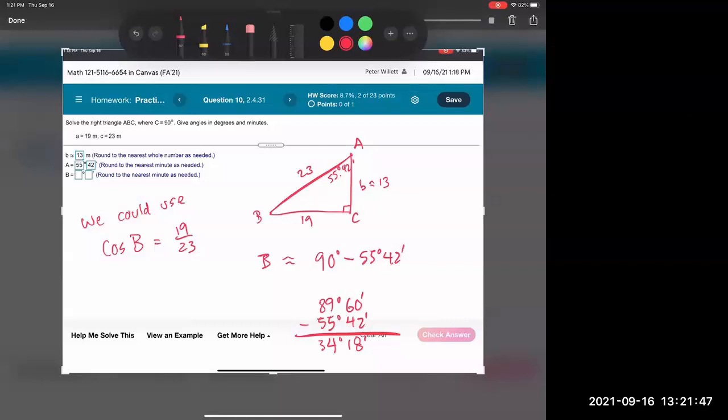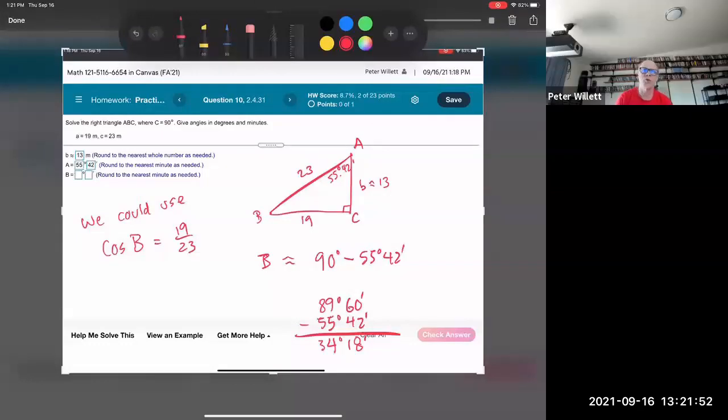Wait, if you subtract 80 from 90? Yeah, so when I'm doing this subtraction, when I have 90 degrees and no minutes, and I need to subtract some degrees and minutes, I'm basically borrowing one of my degrees and converting it into minutes. I'm making change.